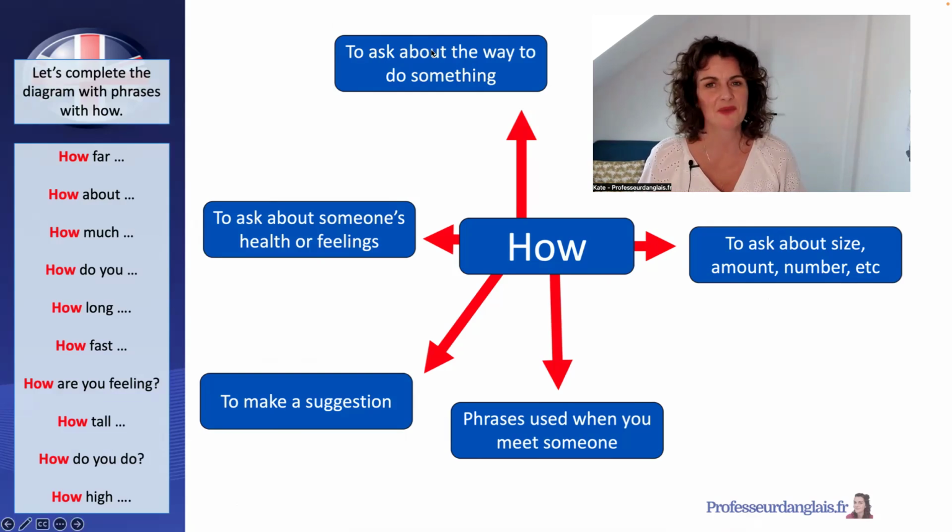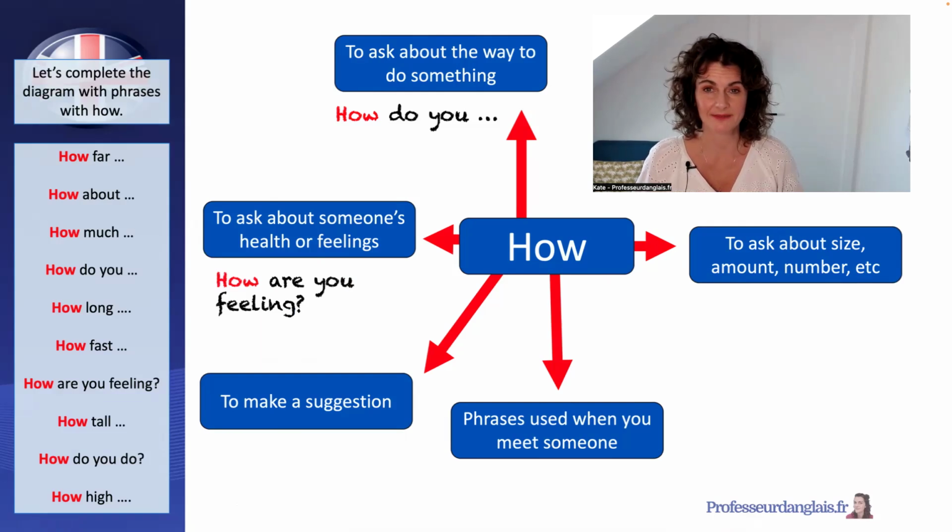So, to ask about the way to do something, which phrase is that? I'll give you an example. How do you spell your family name? It's how do you. What about this one? To ask about someone's health or feelings. How are you feeling?